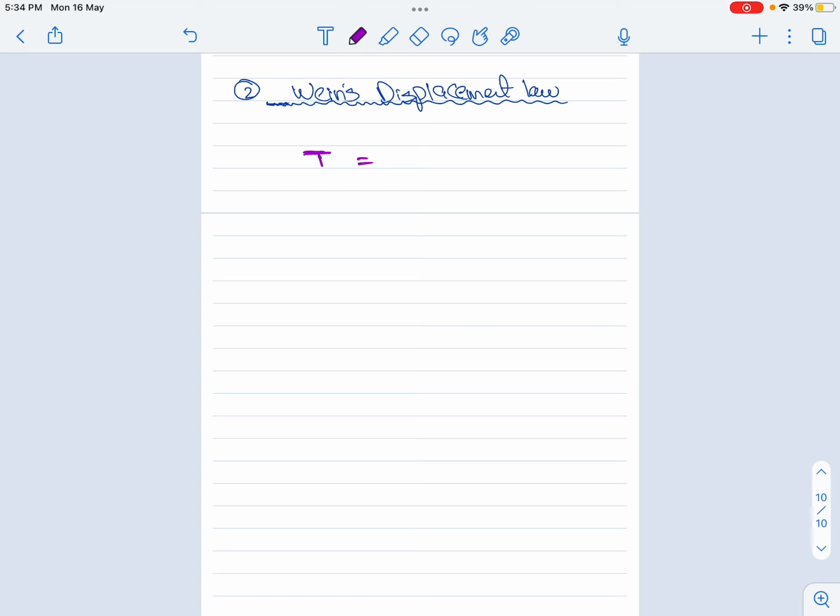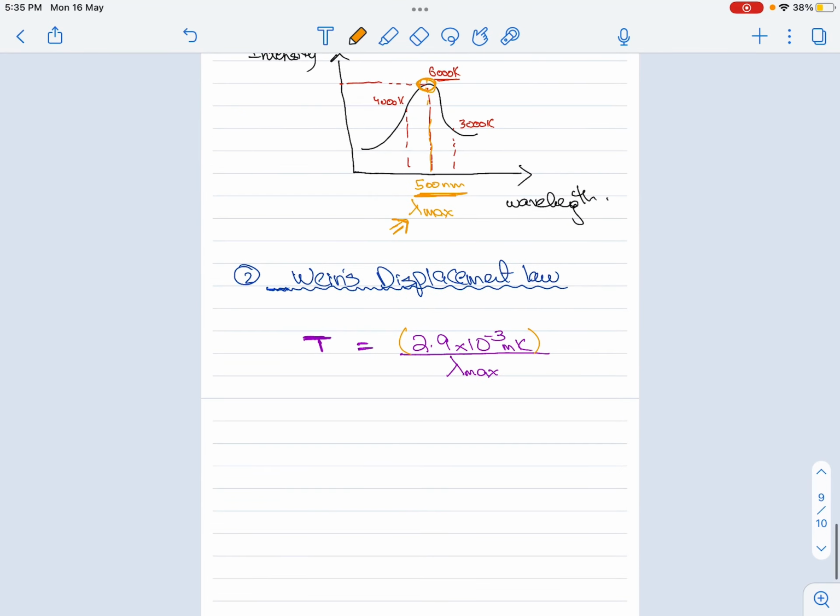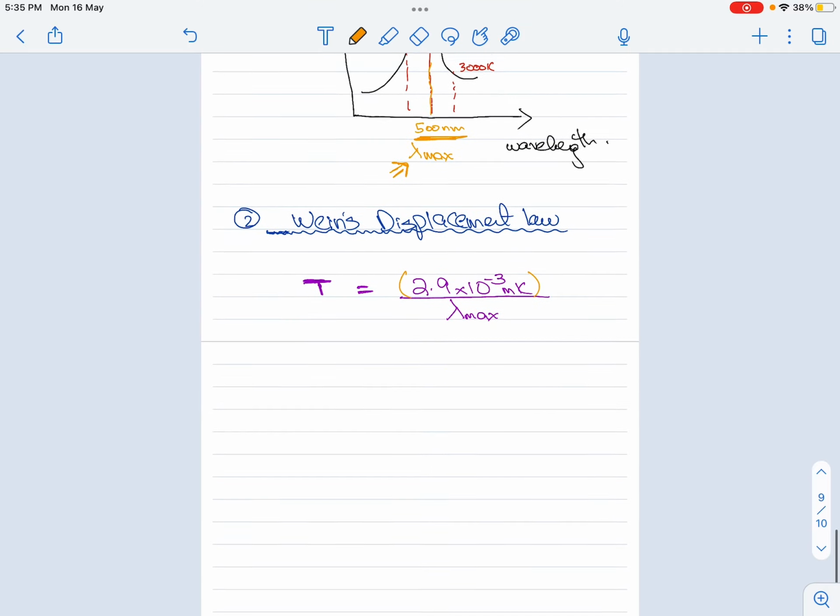So the Wien's displacement formula is T equals 2.9 times 10 raised to the power minus 3, the units for this constant are meter Kelvin, upon wavelength max.